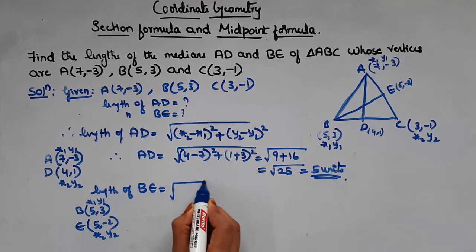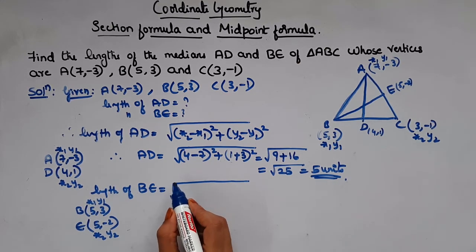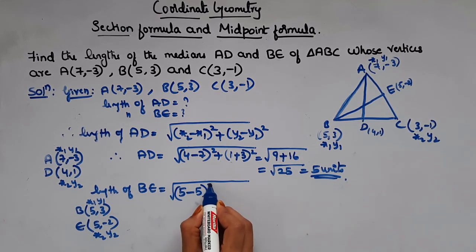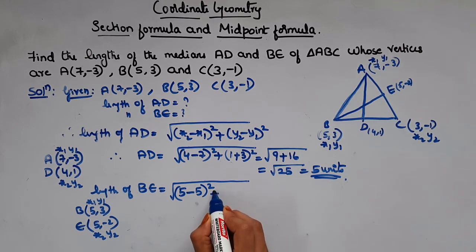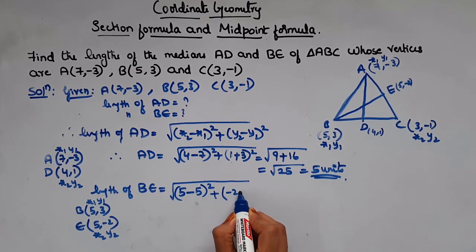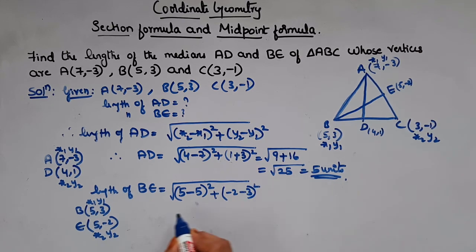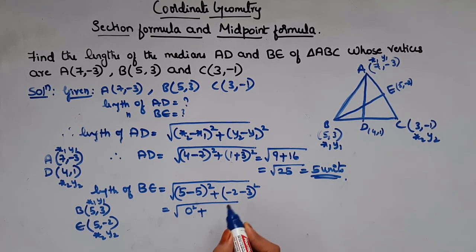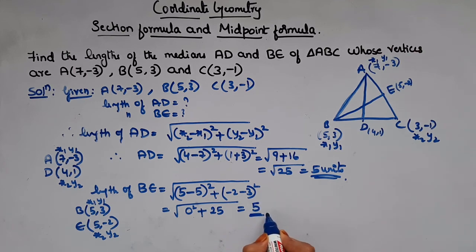So let's put the formula here, the square root of (x2 minus x1). x2 here is 5 minus x1 is 5, the whole square, plus y2 here is -2 minus y1 is 3, the whole square, which is equal to the square root of 5 minus 5 is 0, so 0 squared is 0, plus -2 minus 3 will give you -5. So -5 the whole square is 25, which is equal to the square root of 0 plus 25, the square root of 25, which is nothing but 5 units.